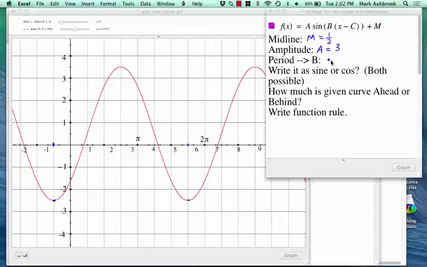So the period is 2 pi, and so what's our value of b? We know that the period is already 2 pi for sine and cosine, so we don't need a coefficient. That's one way to argue it. Or you can just say b times x needs to reach 2 pi when x reaches 2 pi. Therefore, b is 1.